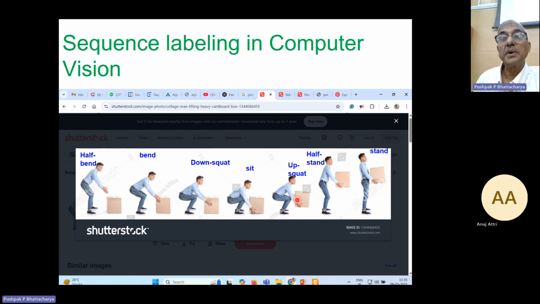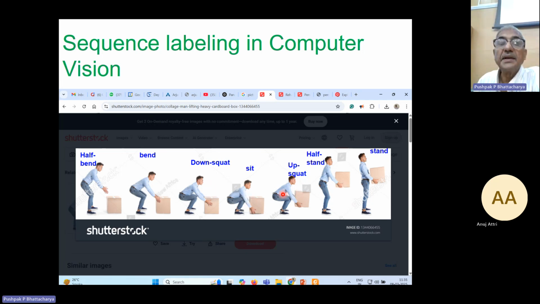Now, down squat and up squat look very much alike, but if we know that the previous posture was sit, then the next posture has to be up squat, cannot be down squat. So you see what happens here is a notion of transition, right? And every state, we'll call them the state, down squat, sit, up squat, etc. states.